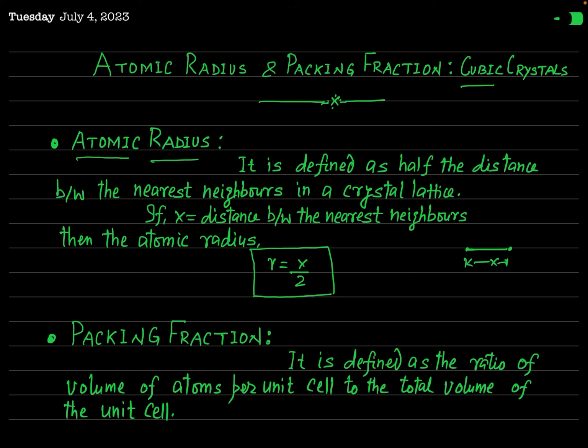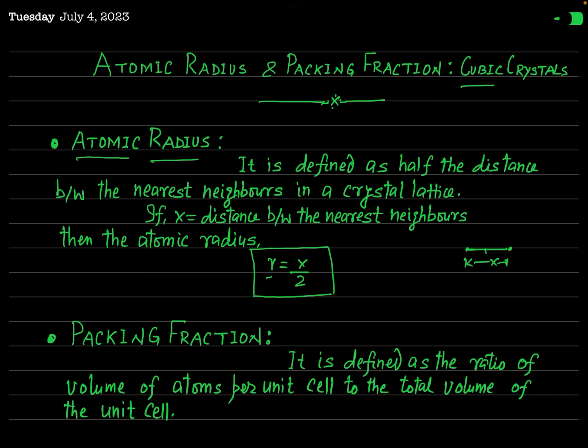Then half of this distance x, which is the nearest neighbor separation, is called the atomic radius. So if x is the distance between nearest neighbors, then atomic radius, denoted by the symbol r, is equal to x by 2.